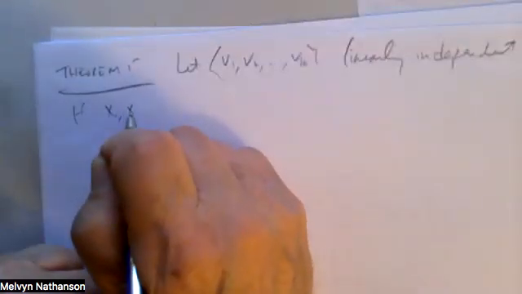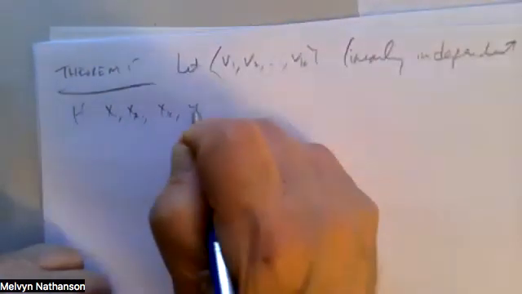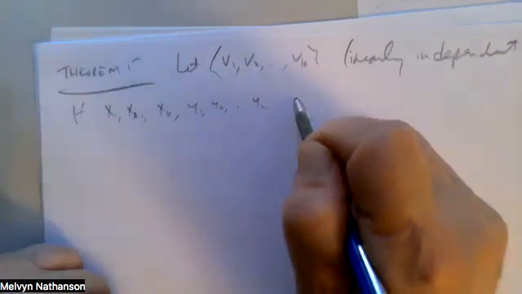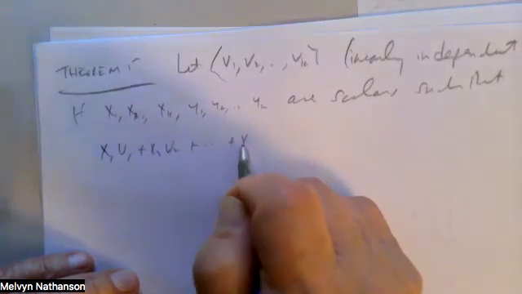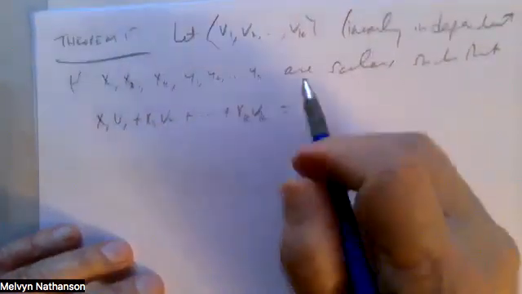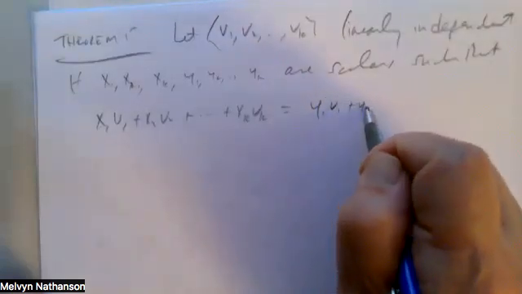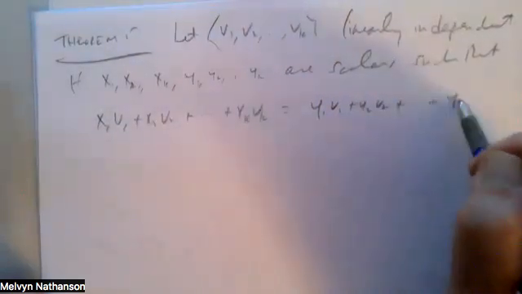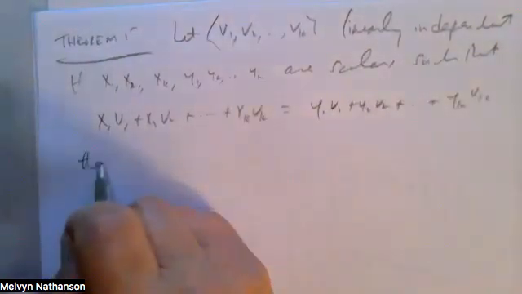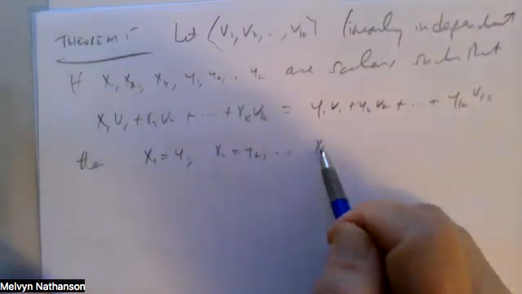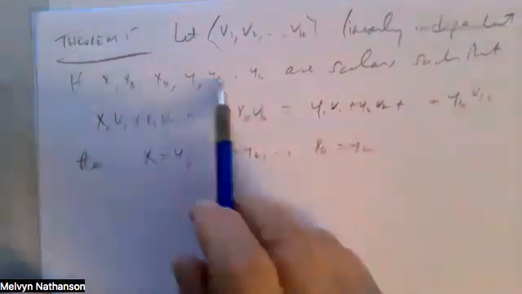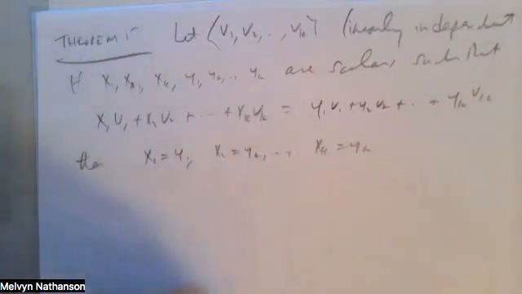If we have scalars x1, x2 up to xk and y1, y2 up to yk such that the linear combination x1 v1 plus x2 v2 up to xk vk equals the linear combination y1 v1, y2 v2 up to yk vk, then x1 equals y1, x2 equals y2, and so forth, xk equals yk. These have to be the same scalars in the same order.